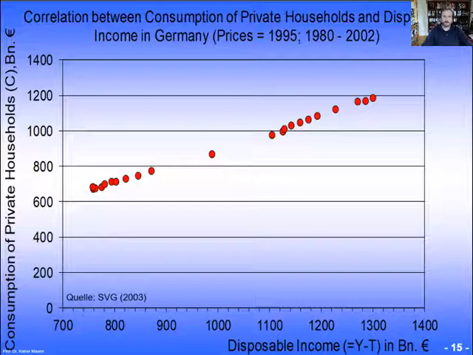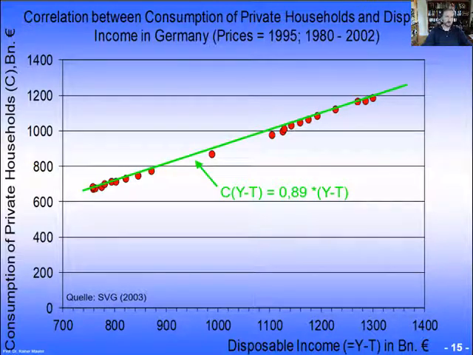Running a regression on the relationship between disposable income and consumption of households shows that 89% of disposable income is typically consumed.